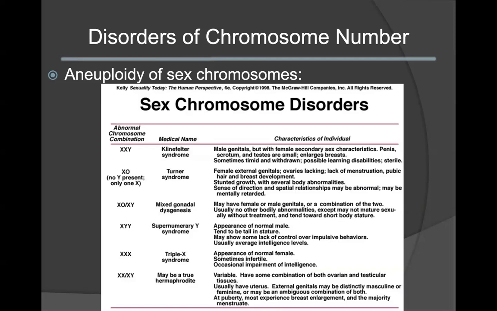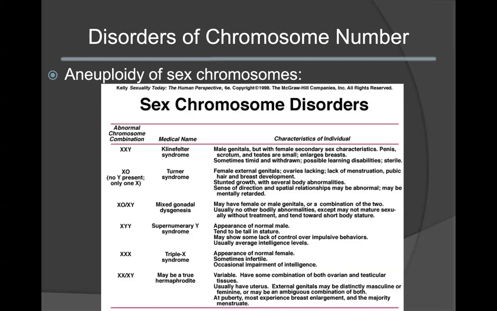This chart below shows you the various disorders in chromosome number when you have aneuploidy in the sex chromosomes. There are various combinations that this can take. We can have individuals that have 2 X chromosomes along with a Y, also known as Klinefelter syndrome. Some individuals may only have an X chromosome, meaning that they are missing the additional X or Y, also known as Turner syndrome.